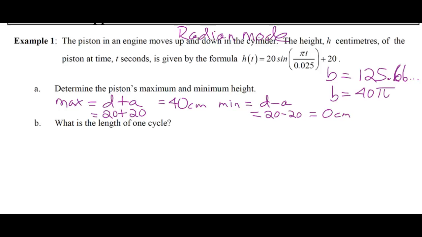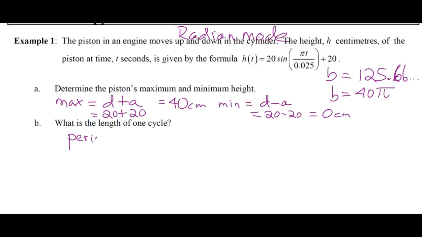Okay, so we're measuring the height of the piston within the cylinder from some arbitrary base, which is 0 centimeters, and it's going up to 40 centimeters. What's the length of one cycle? That's just working out the period, right?